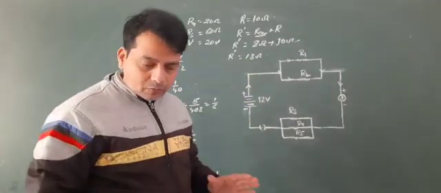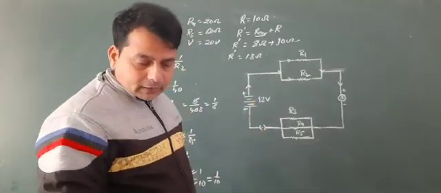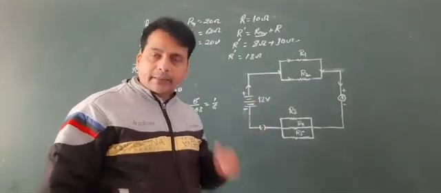Now the next question: according to this circuit diagram, the total current flowing in the circuit.